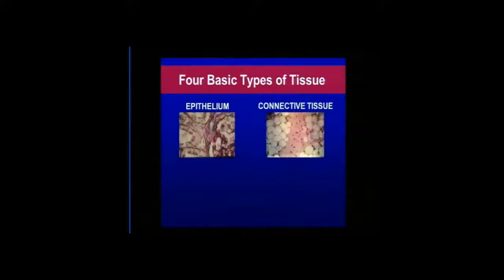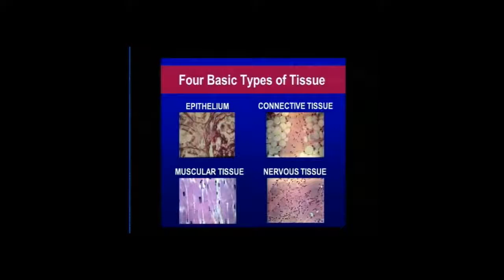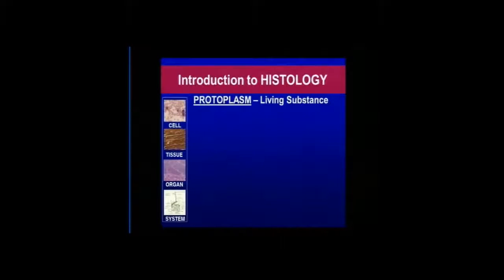One is epithelium, as we see there. One is connective tissue. Wonder what connective tissue does? It connects, that's right. We also have muscle tissue, and then also we have nervous tissue. So the whole body could be subdivided into these four different types of tissue.